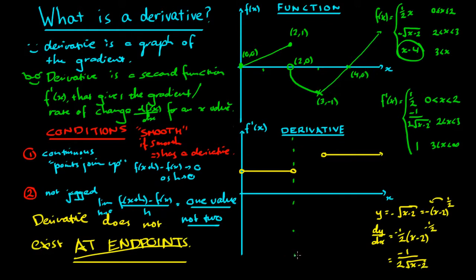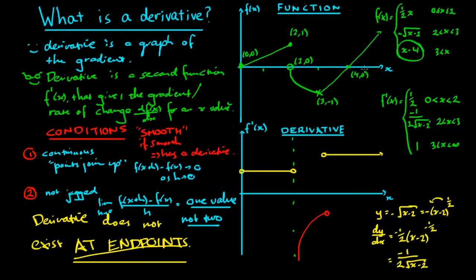It starts off heading down towards negative infinity, and when I get to the point x equals 3, well, I plug 3 in here and it becomes negative 1 over 2 root 1, so that's negative 1 over 2. So the final point I get is negative 1 on 2, open circle. Looks something like that.